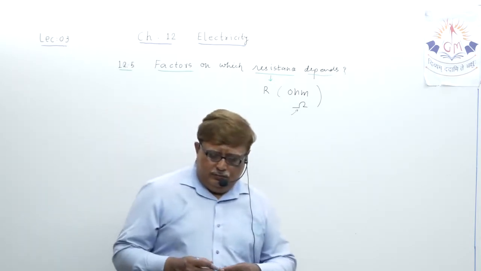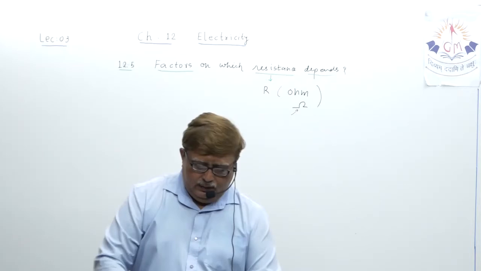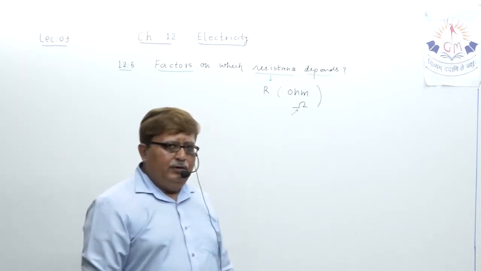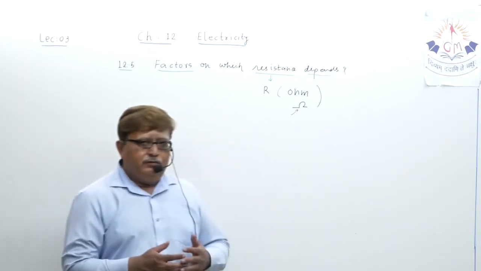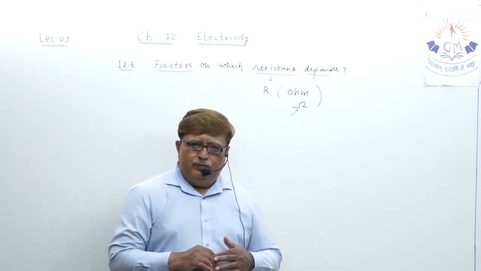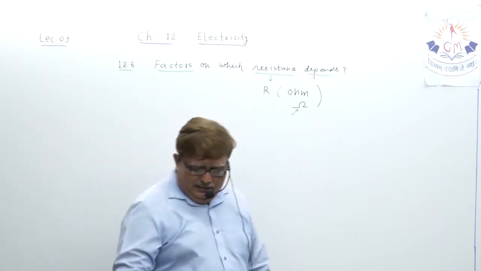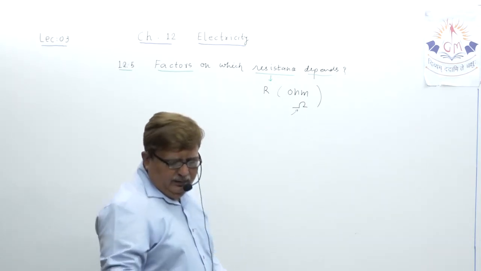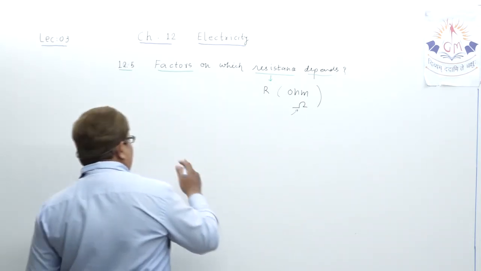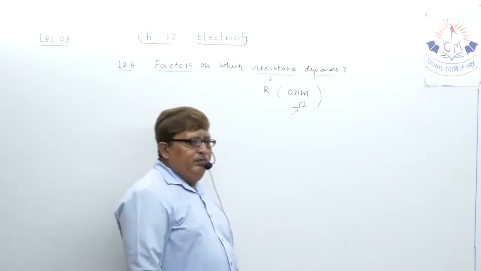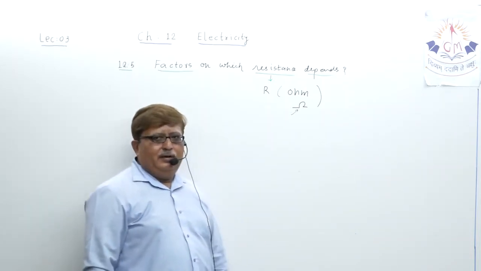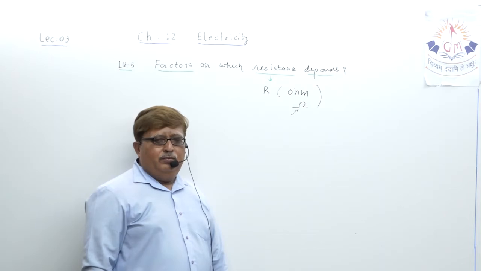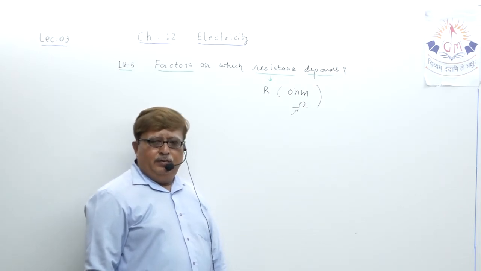In the textbook they have shown one activity where they have constructed a simple circuit. I can show you that simple circuit diagram. But before I draw that circuit diagram, I want to make one thing clear in your mind.